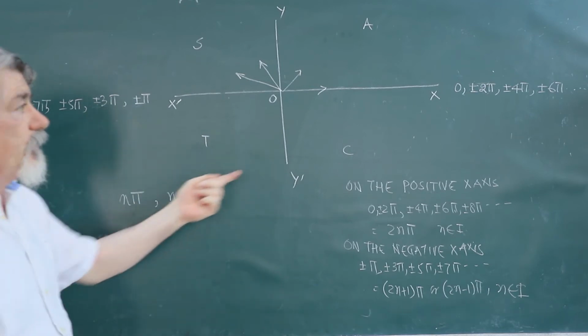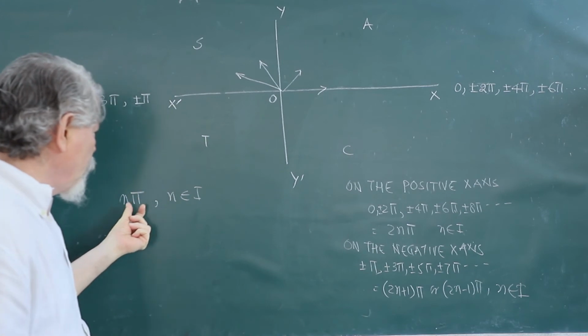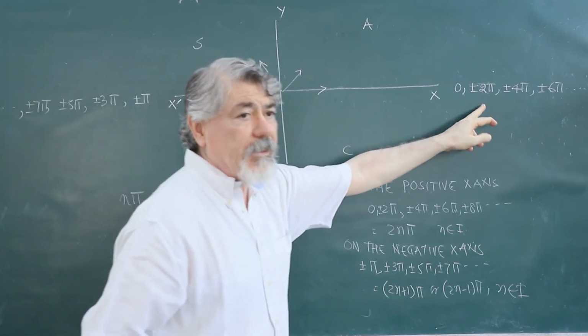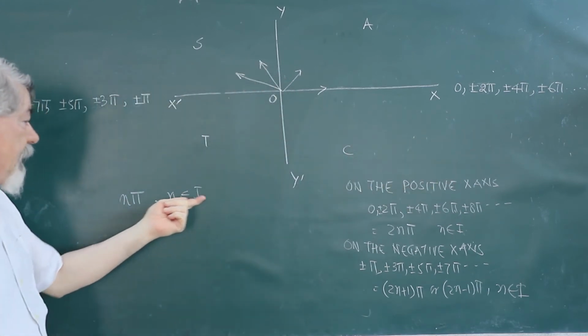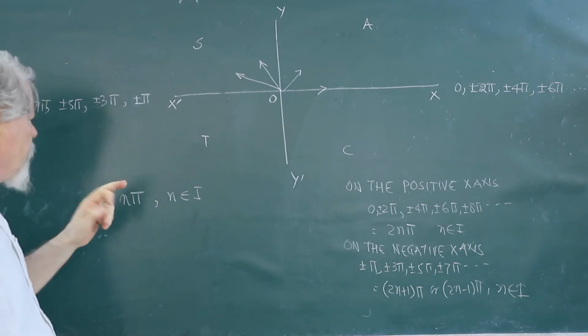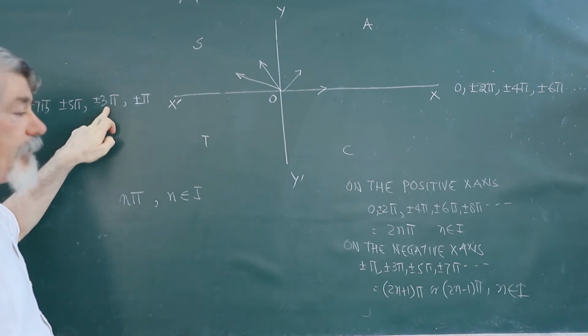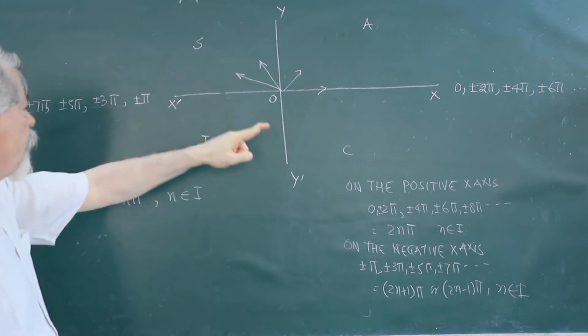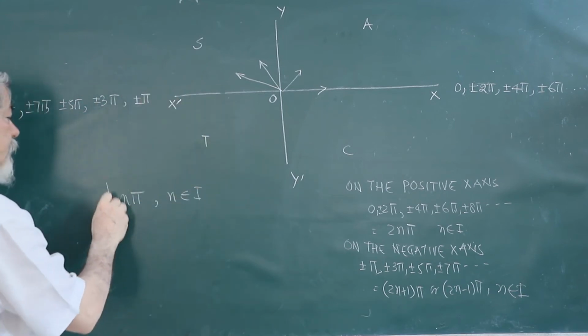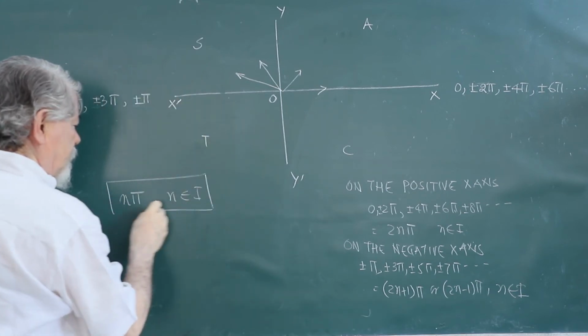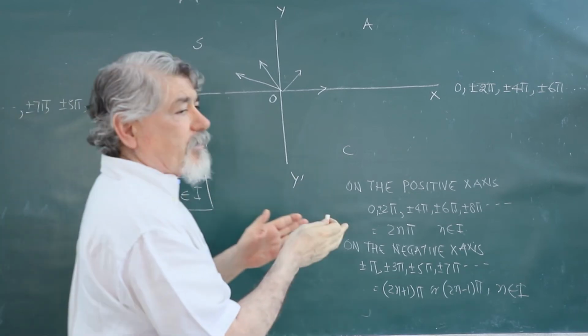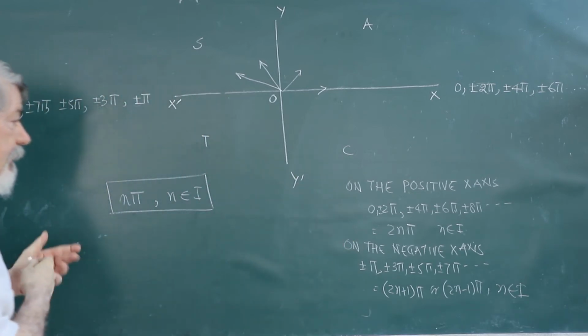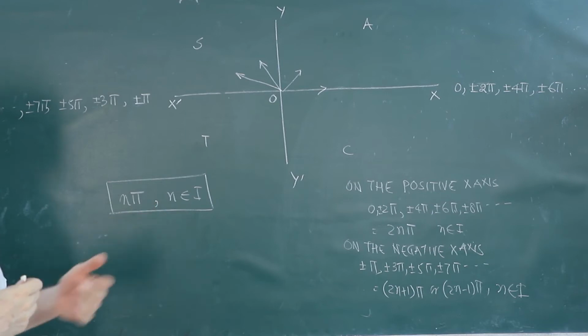If n is 0, you get 0. If n is 2, you will get 2 pi. If n is minus 2, then minus 2 pi. Suppose n is 3, you will get 3 pi, plus minus. So in general, on the x-axis, whether you are on the positive side or the negative side, you will get n pi.